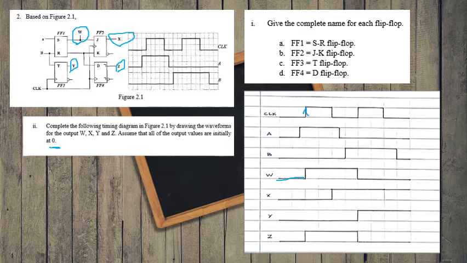The output W will be set until the second edge trigger, which is the input A is 0, the input B is high. So the output W will be reset.